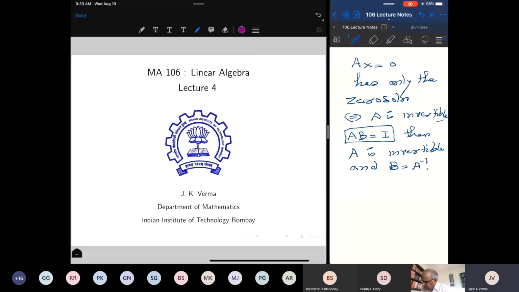And we also looked at the row canonical form: A is invertible if and only if the row canonical form of A is the identity matrix.